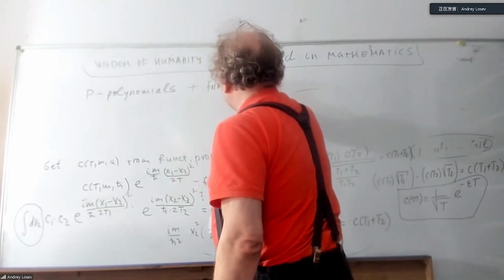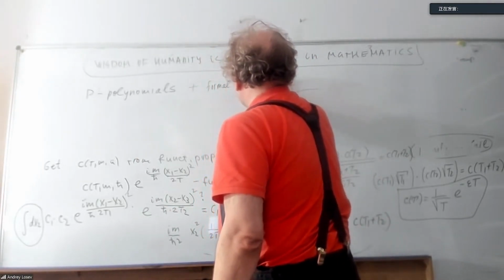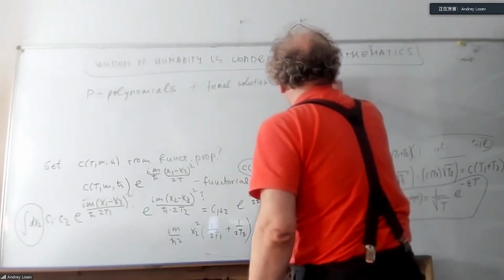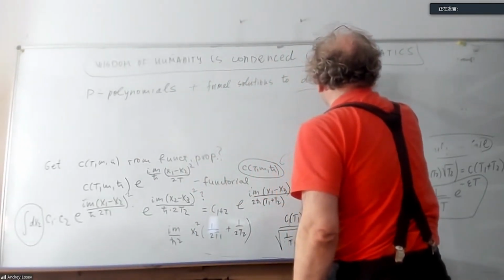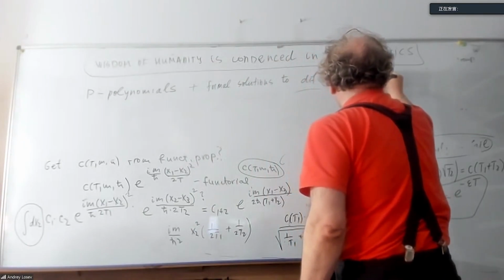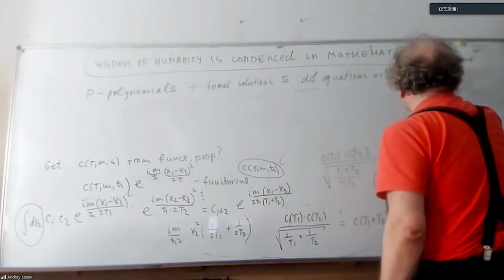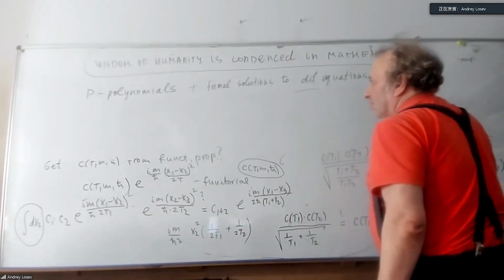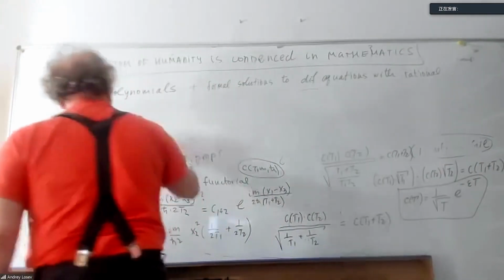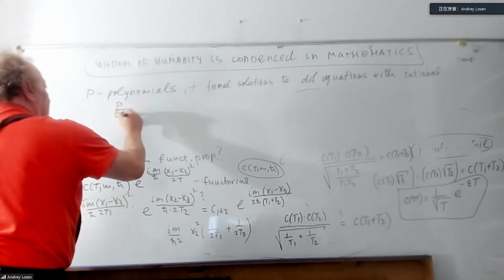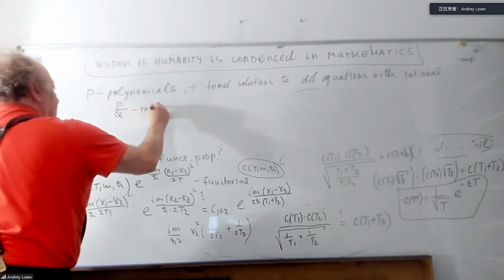Formal solutions to differential equations with, say, rational coefficients. Okay, polynomials, then P over Q, rational functions.